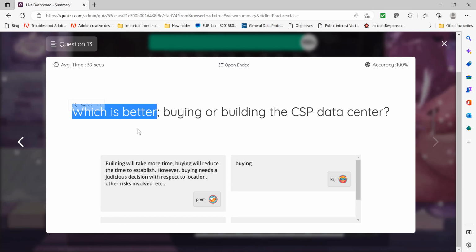If it's regulations and I want to be 100% compliant, then maybe building will be better. But if it's a matter of market share and I don't want to lose the market and I want to go immediately to the business, then buying may be the other option.